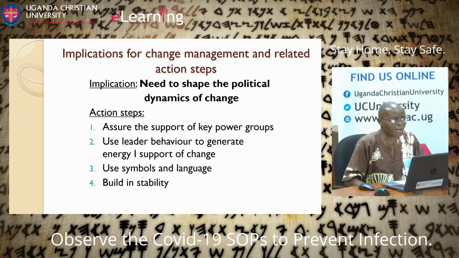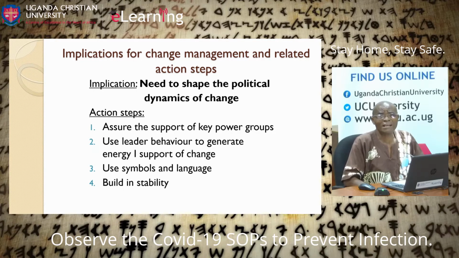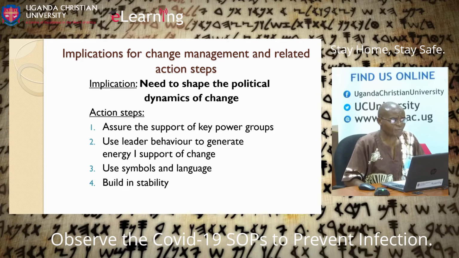For example, assure the support of key power groups. Every organization has power groups and power centers. And you need to assure the support of key power groups, of those power centers. Otherwise, if they continue to exercise their power in their power centers in an incoherent way, it will become a problem in the change process.